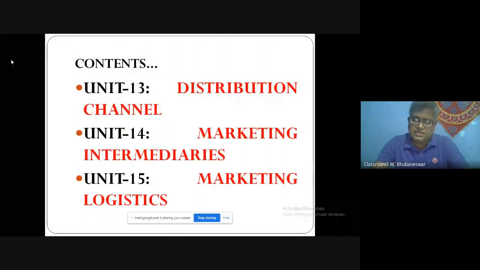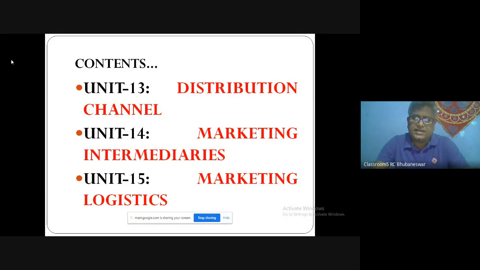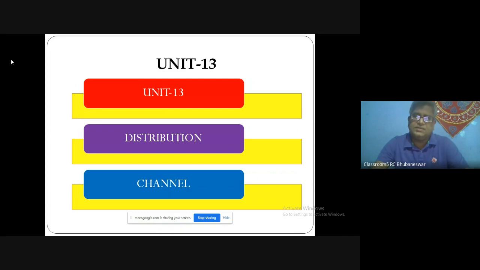This block contains three units, that is unit 13, 14 and 15. Unit 13 is distribution channel, unit 14 is marketing intermediaries, and unit 15 is marketing logistics.